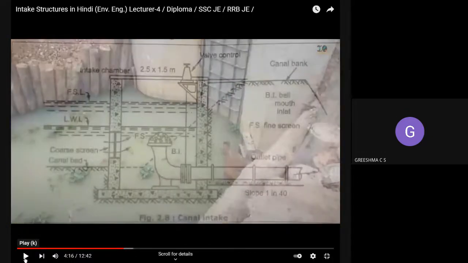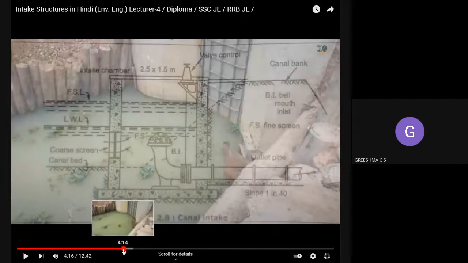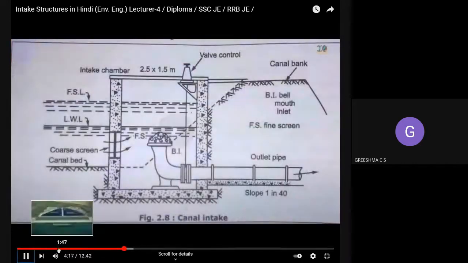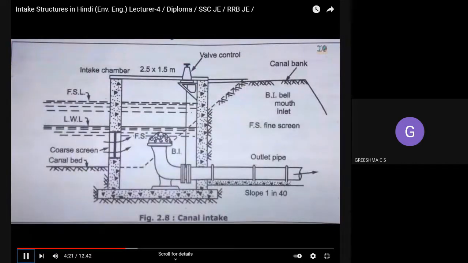See, you can see here how the water is flowing.